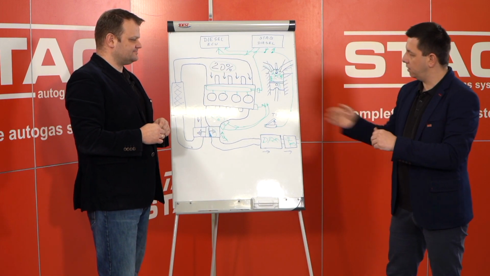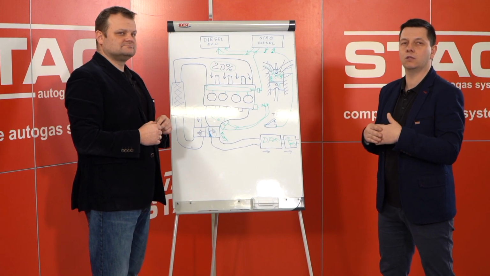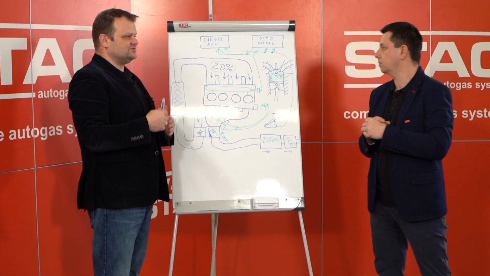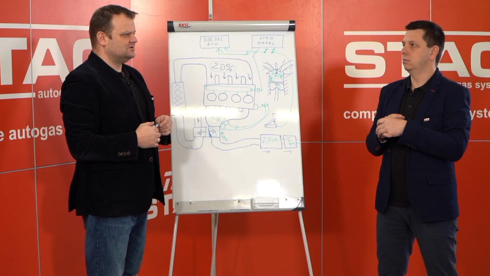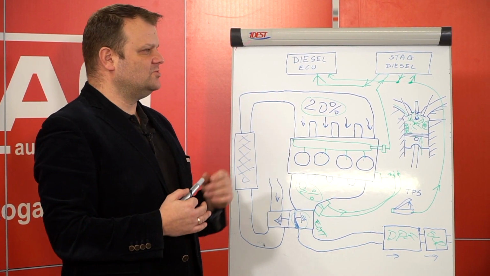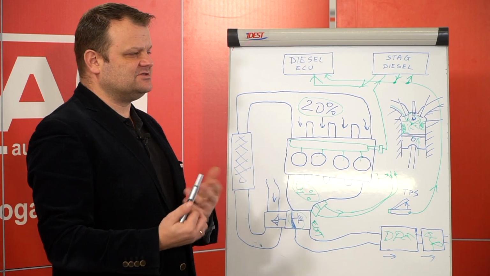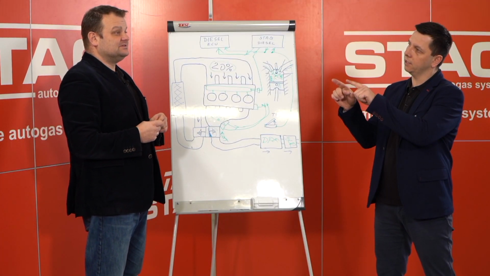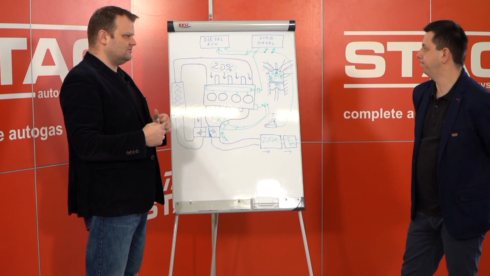The same situation applies to the TPS, with two channels. No matter whether the signal is rising or falling, depending on the characteristics, we can use STAG Diesel to emulate both types of signals. An important thing is that both of them should have the same characteristics, either falling or rising.